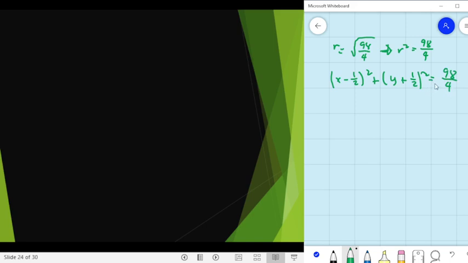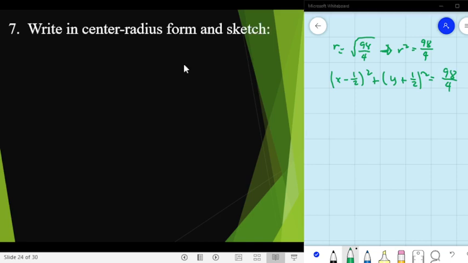So please correct our answer in your activity sheets. You change 49 over 2 to 98 over 4. Okay? Let's proceed to number 7.